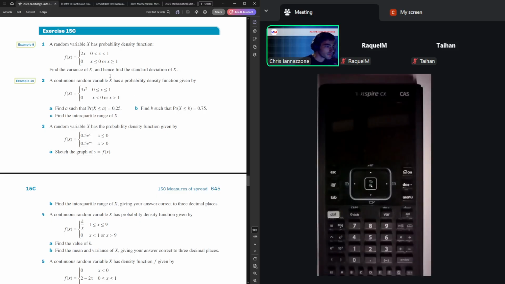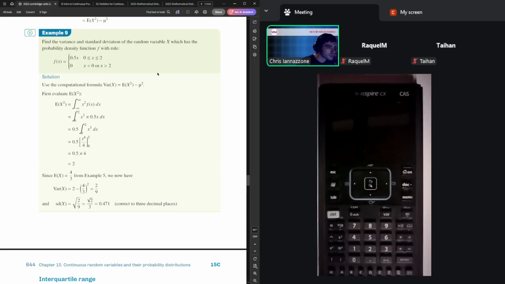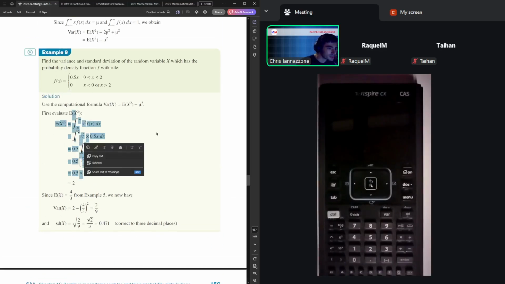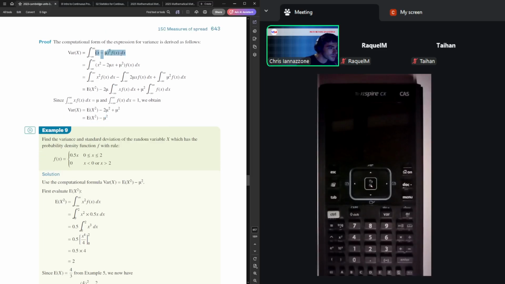Okay, so a random variable has the probability density function given by f of x equals 2x from 0 to 1. Find the variance, hence find the standard deviation. So for variance, it really depends on which equation set you want to use, whether you want to use this version here or this version here.